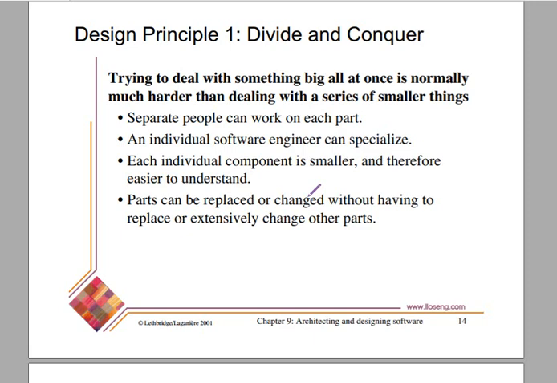If you're trying to deal with something big all at once, it's better to deal with a series of smaller things, then you can easily solve that problem. So what are the advantages of doing this? Separate people can work on each part. Now you have many people, and development work can be done in parallel.